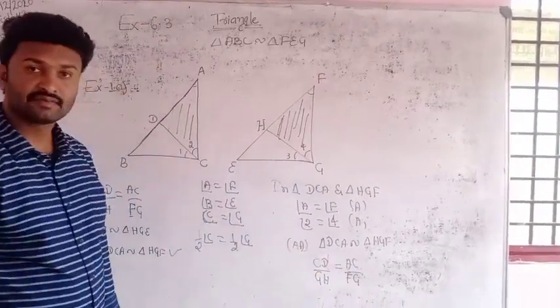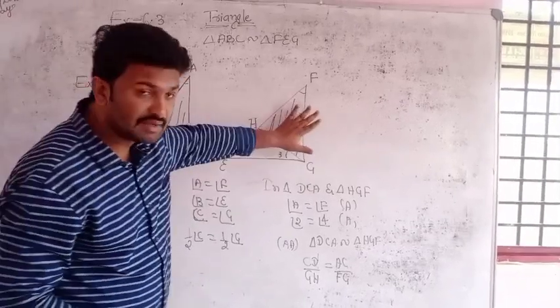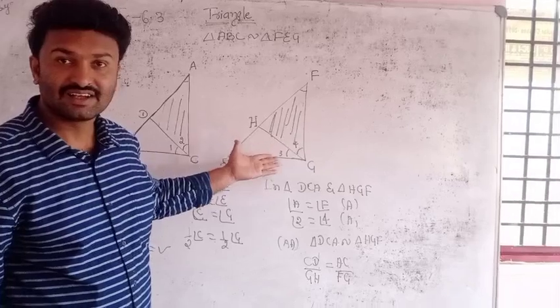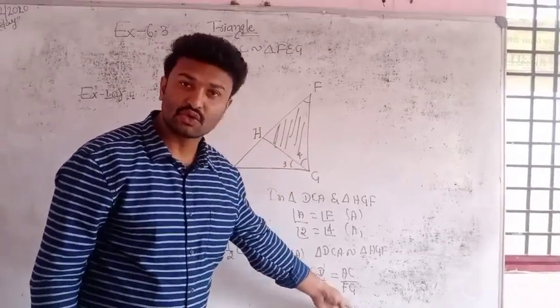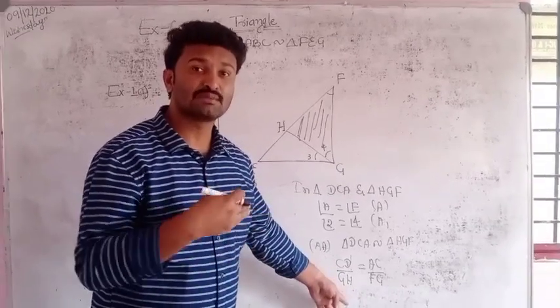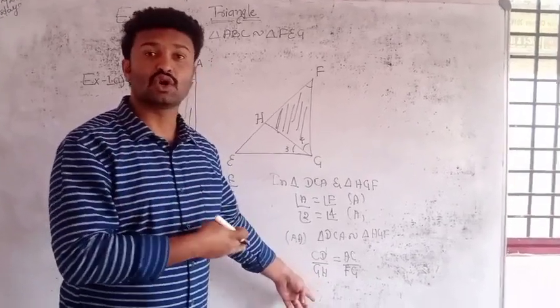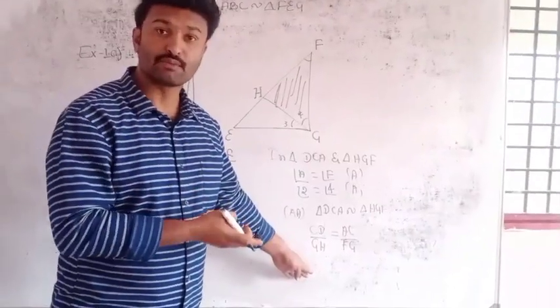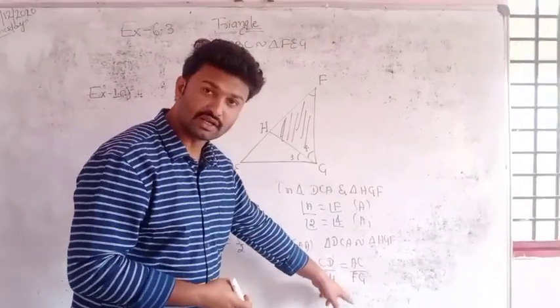Why? If both the triangles are similar, then their corresponding sides are in the same ratio by the definition of similarity. If both triangles are similar, their corresponding angles are equal and their corresponding sides are in the same proportion. We can write this one.